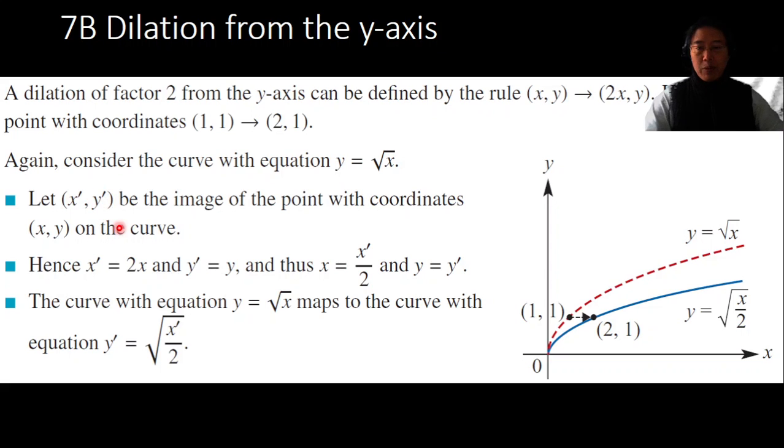We use the mapping coordinates, write the relation, make x and y the subject, substitute in the rule, and rearrange to make y prime the subject. So here is the new transformed function, which is drawn in blue down here. Notice the factor 2 here.